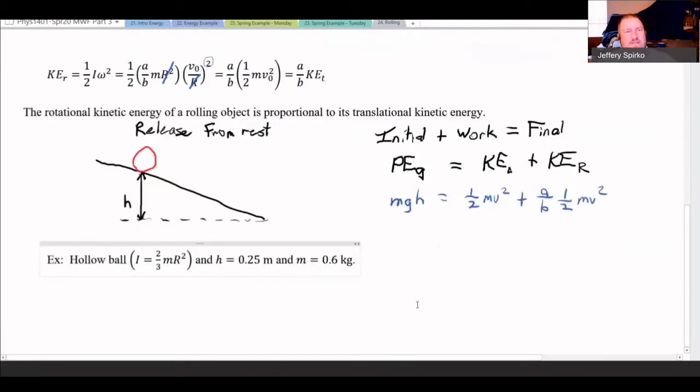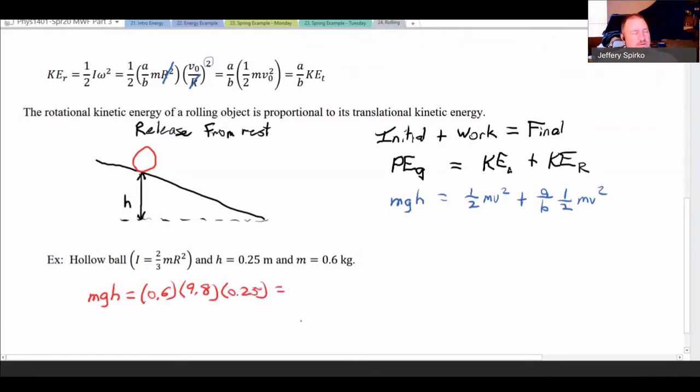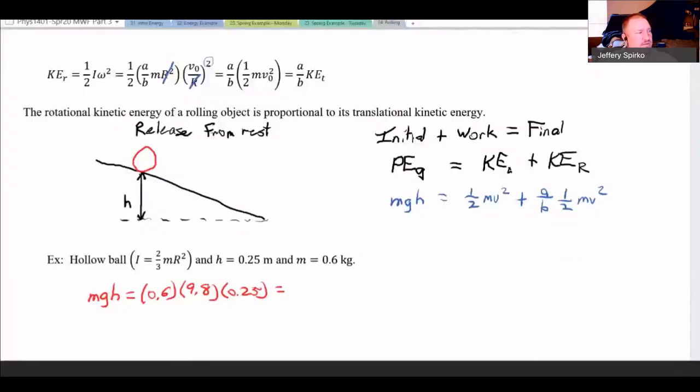So then the first thing I would do is calculate mgh, which is 0.6 times 9.8 times 0.25. So let me record stuff. 0.6 of mass.